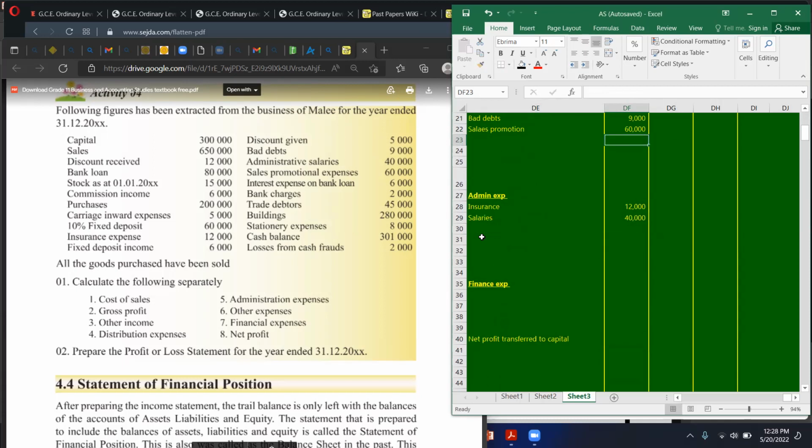Interest expense on bank loan. Bank charges. Trade debtors is an asset, building is an asset, stationery.